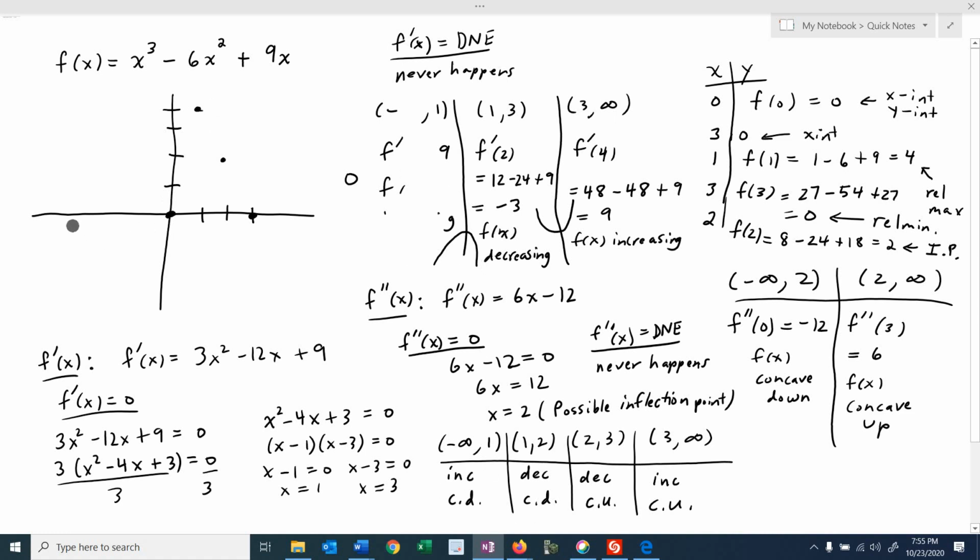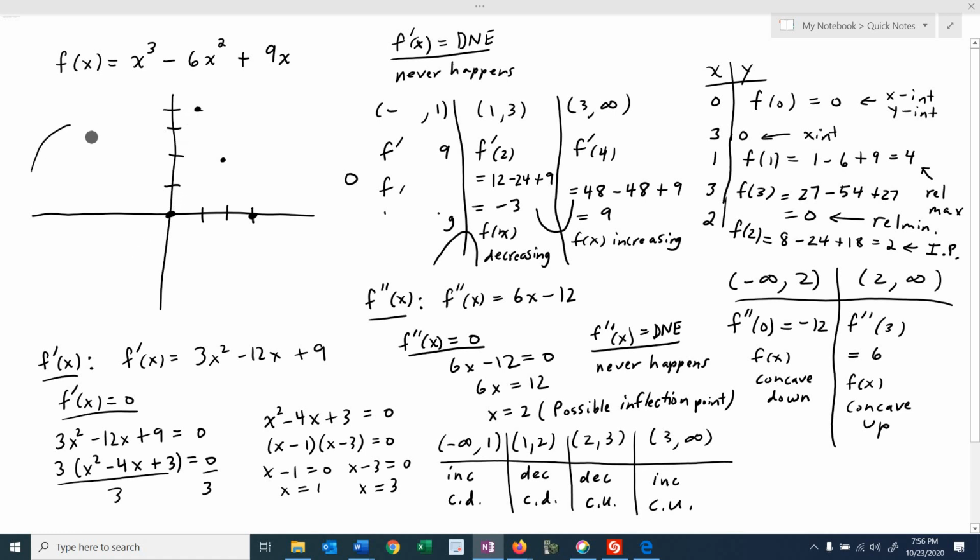So it's from negative infinity to 1, which is right here. It has to increase. Okay, so it's got to go through this point because that's the x-intercept and the y-intercept. And then it's going to be concave down. So it's got to increase, go through that point, but in a concave down fashion.